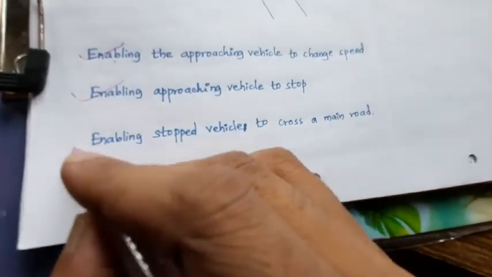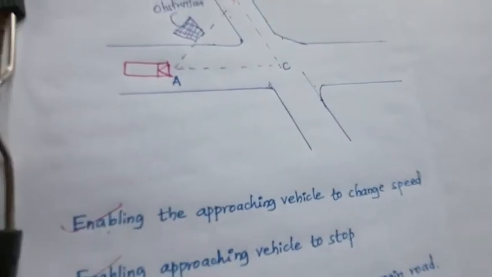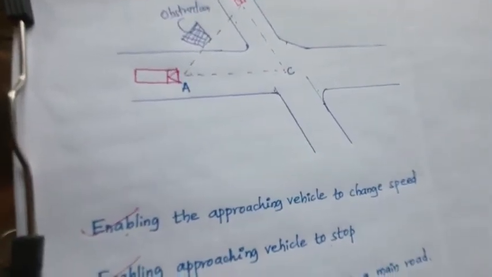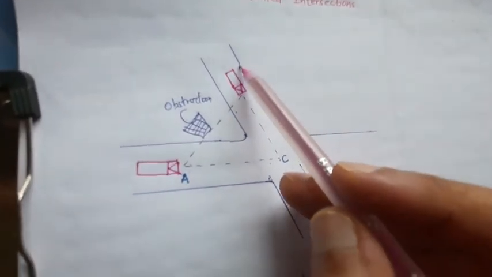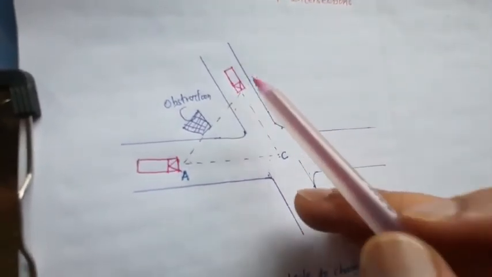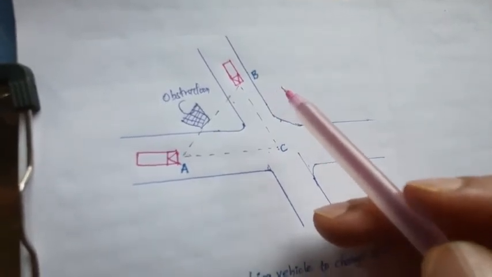And in the third condition, enabling the stopped vehicle to cross the main road. In this condition, the vehicles entering the intersection from the minor road, as we consider this a minor road, are controlled by a stop sign, and so this vehicle has to stop.